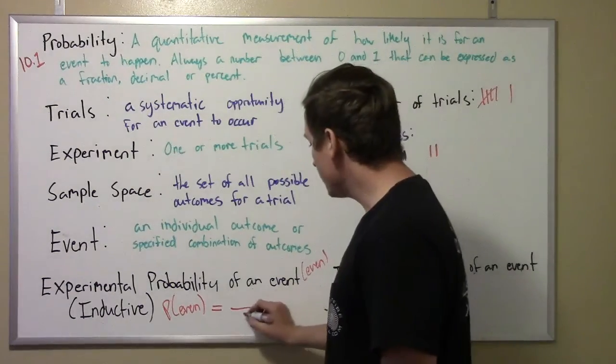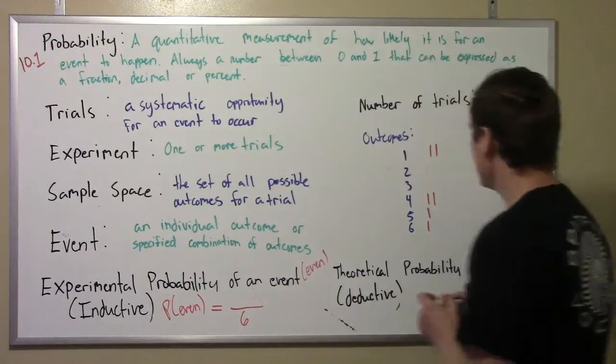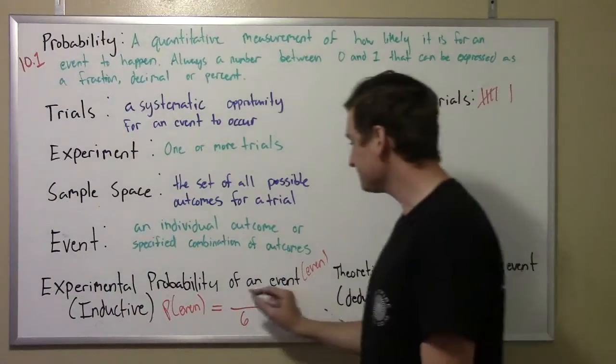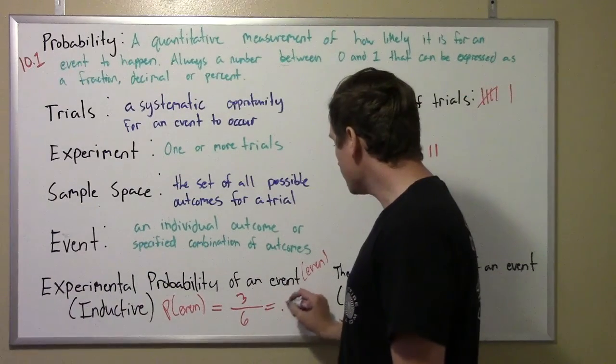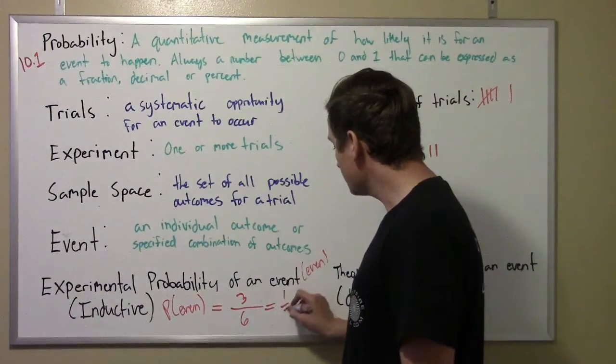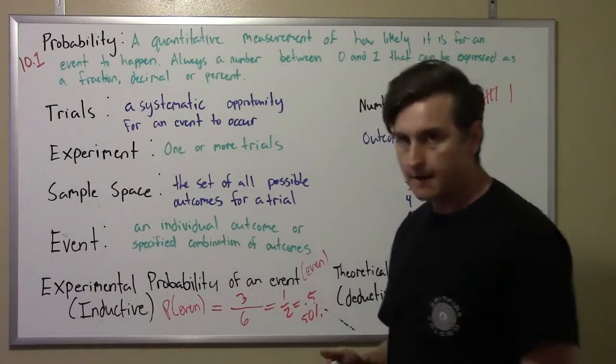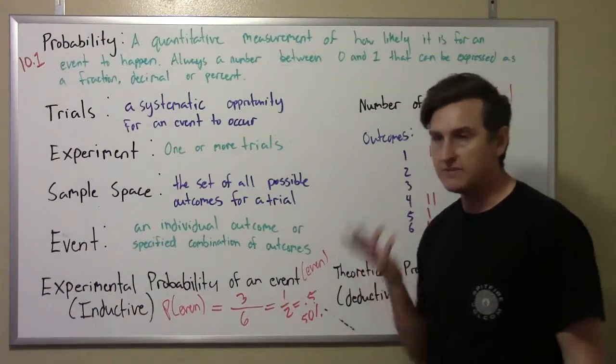We know we had 6 trials. Let's see how many even numbers we rolled. We got 4 and 4 and then 6, so there's 3 of them, which equals 1/2 or 0.5 or 50%. So half the time we rolled an even.